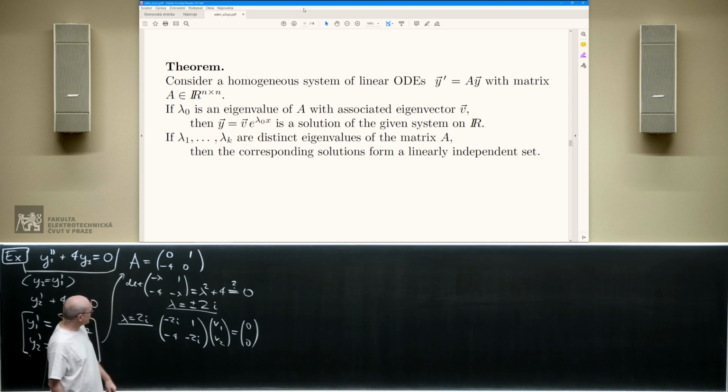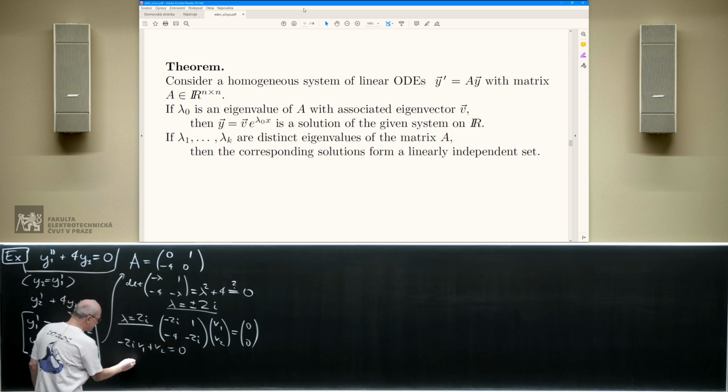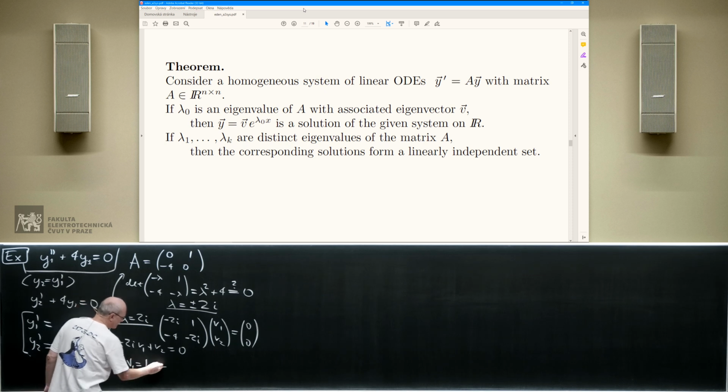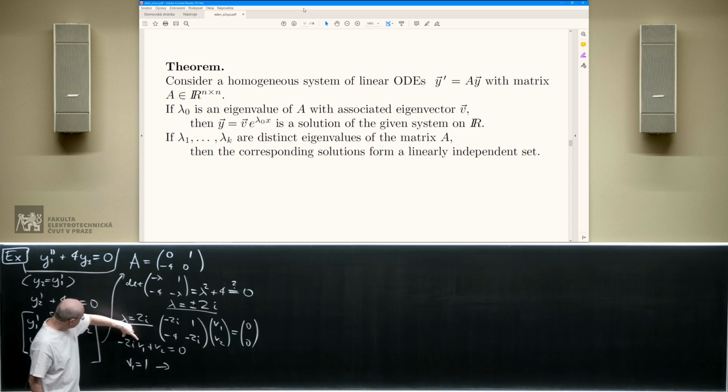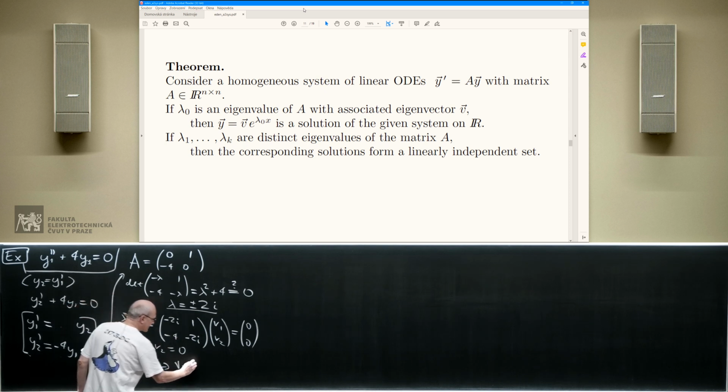I put together an equation, and let's say that I pull from the first row. Negative 2i v1 plus v2 is 0. If I choose v1 to be 1, which is quite popular actually, then this will be negative 2i. I move it to the other side. v2 is 2i.